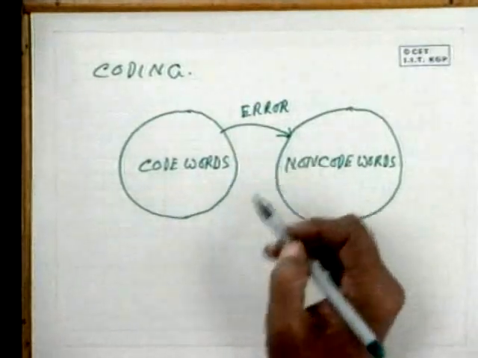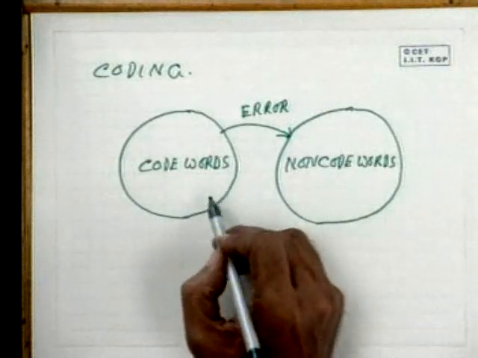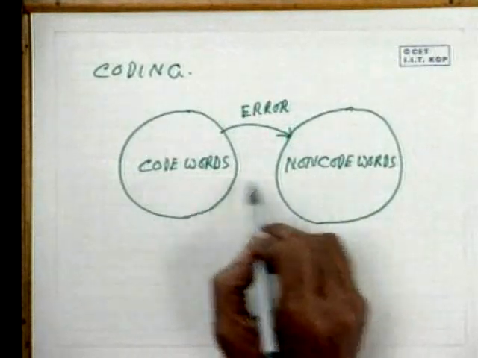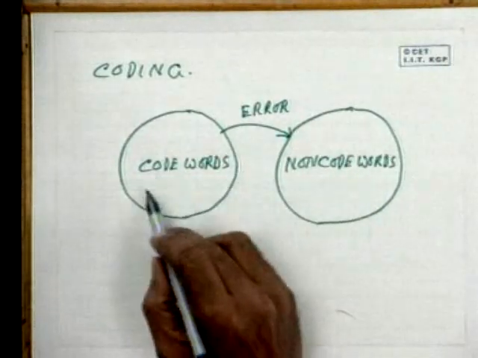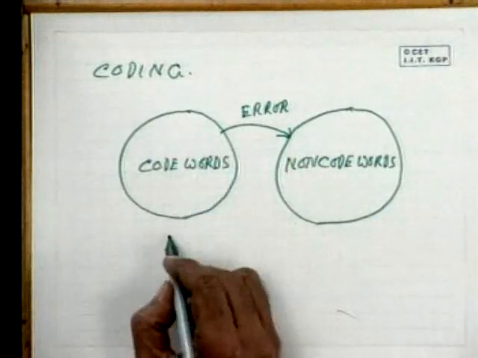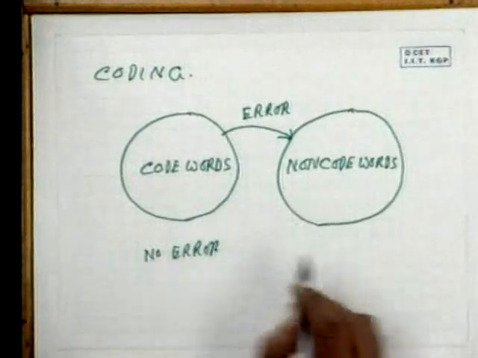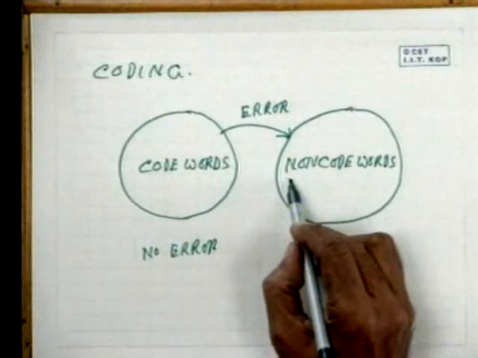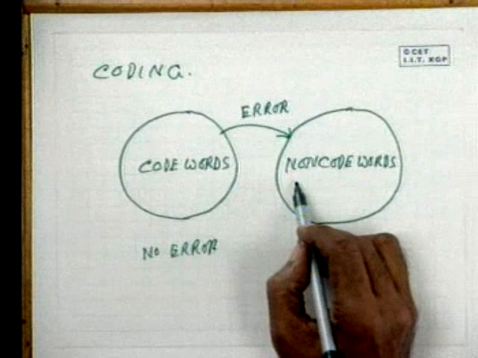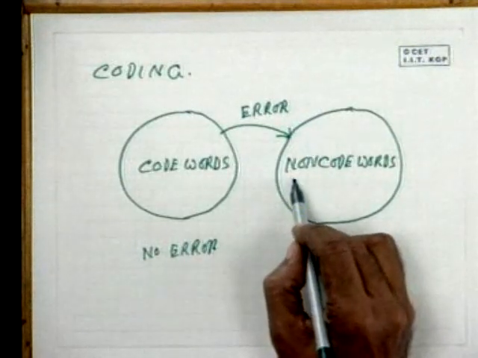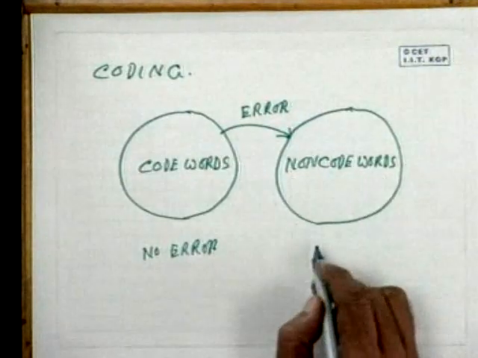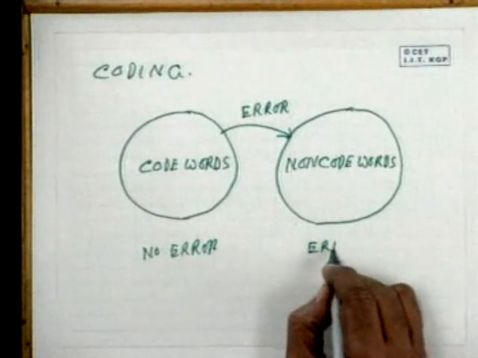And in the receiving end, you can check whether you have received a code word or a non-code word. If you receive a code word, then there is no error. And if you find that the received data or received frame belong to non-code word, you can say that there is error.